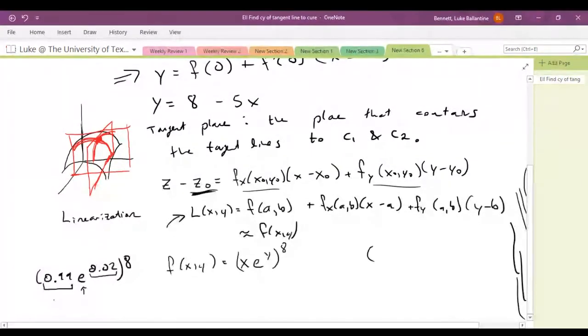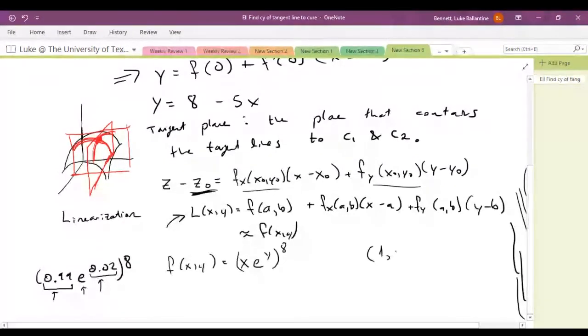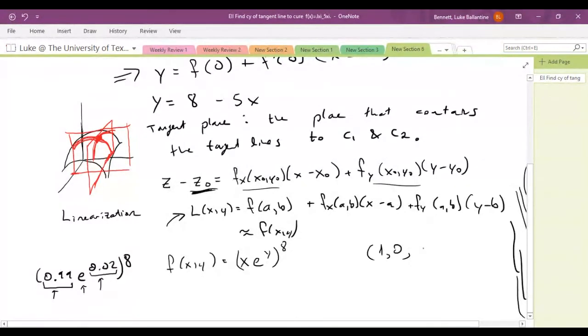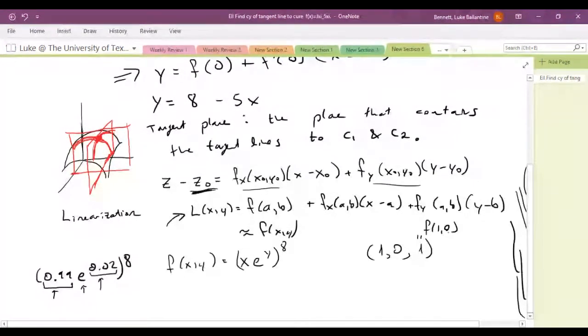Well, x has to be near 1. y is near 0. So it's going to be at the point 1, 0. And then the function value would be 1 times e to the 0, to the 8th. That's just 1. Cool. So this is f of 1, 0.